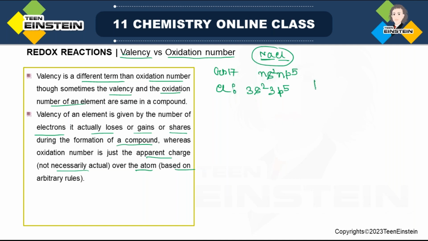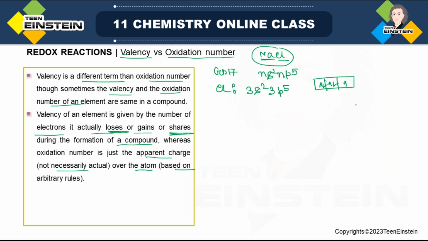Here we have a total of 5 electrons in 3p. Now if these electrons are completely lost, then chlorine will have a +5 oxidation state. If it is gaining one more electron, then it will be -1.